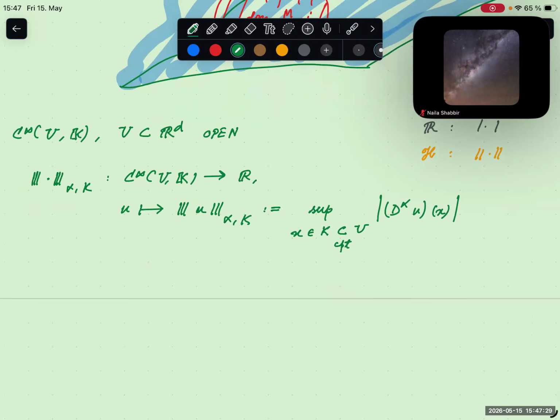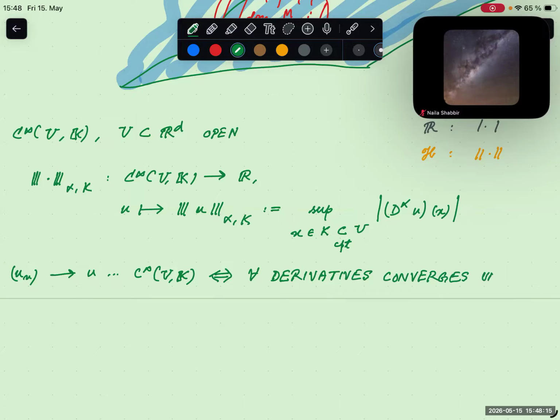So we can write that a sequence u_n converges to u in this space C infinity(U) if and only if all of its derivatives converge uniformly on compact subsets of U.